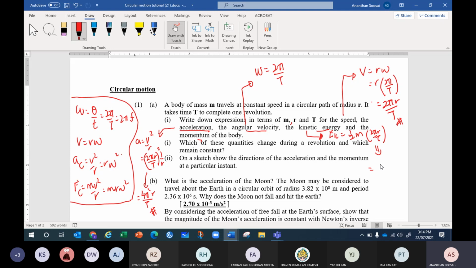Sorry, this is squared. Made a mistake. Okay, simplify this, what do you get? So we get 4 pi squared r squared m over 2t, then 2 cancels, so it becomes 2 pi squared r squared m over t.